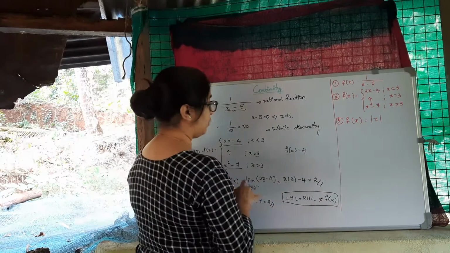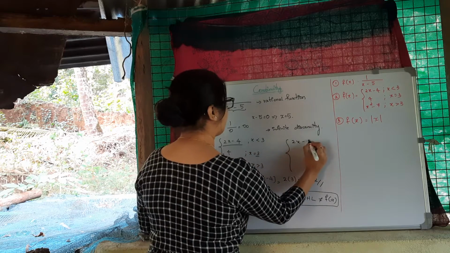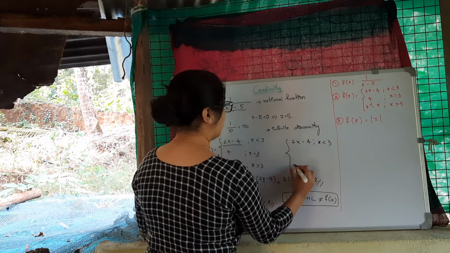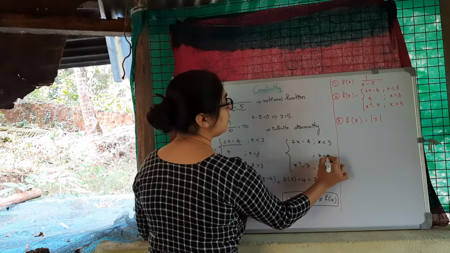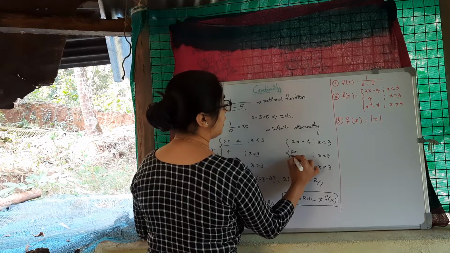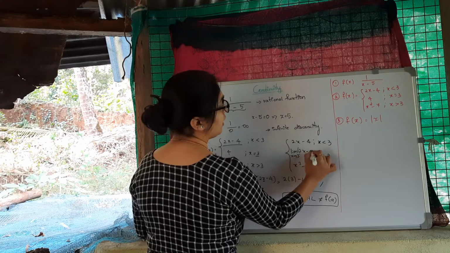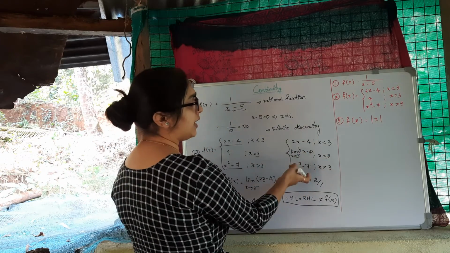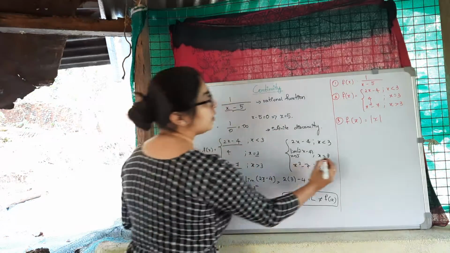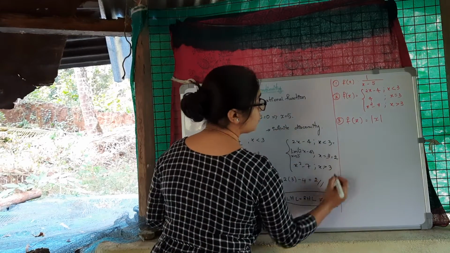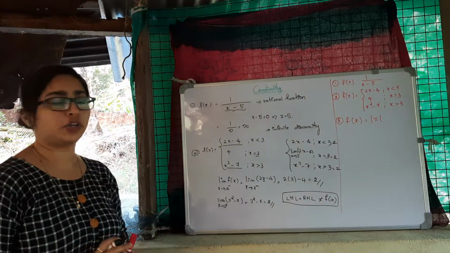If I redefine the function, 2x minus 4 for x less than 3, x square minus 7 for x greater than 3, but at x is equal to 3 we take the limit, which is 2, then this function becomes continuous, because this is 2, this is 2, this is 2.